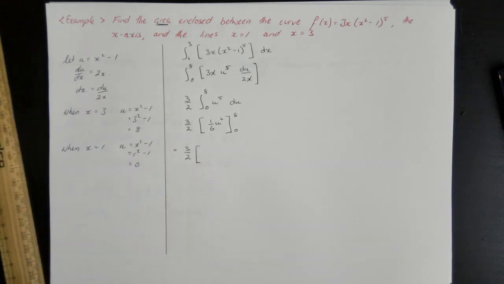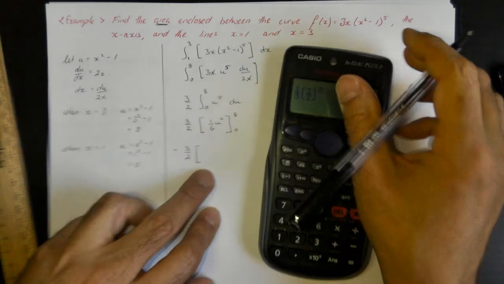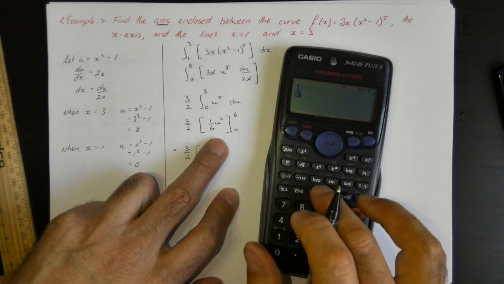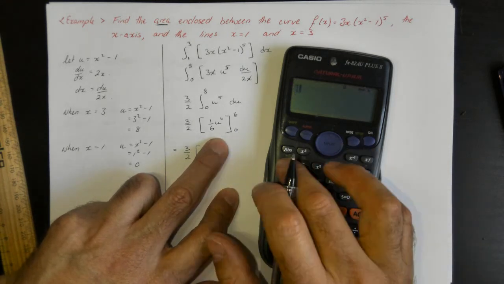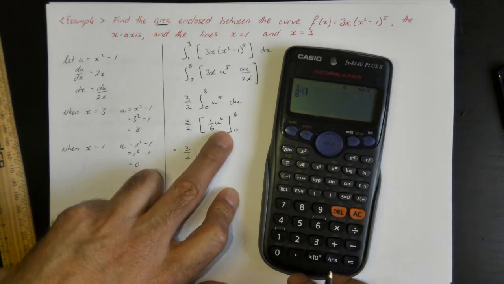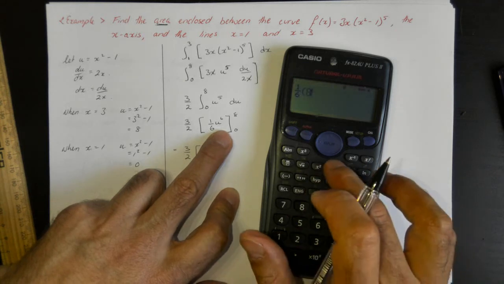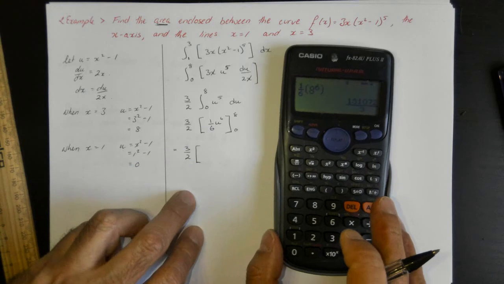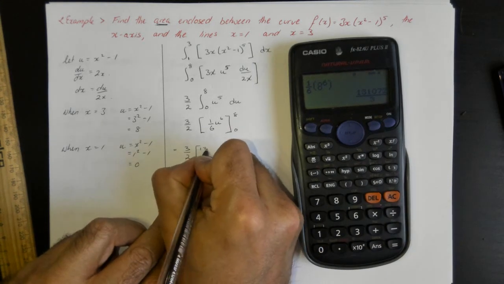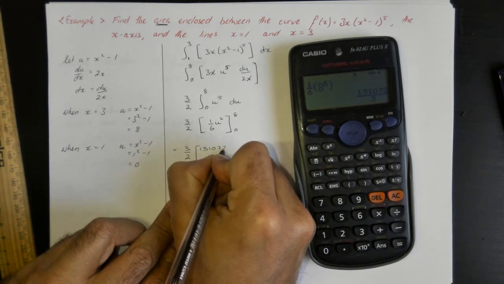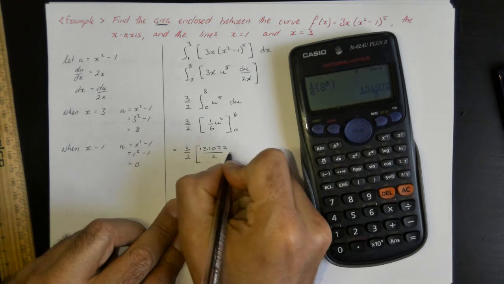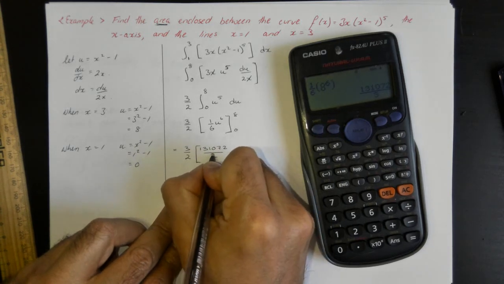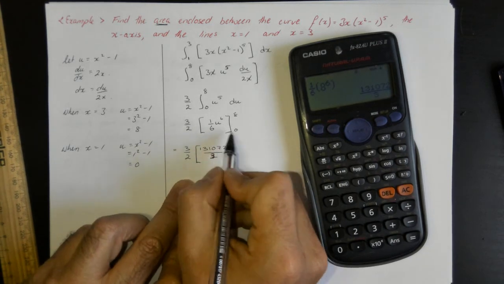So 1 over 6 of 8 to the power of 6, minus 0, so it doesn't really matter.